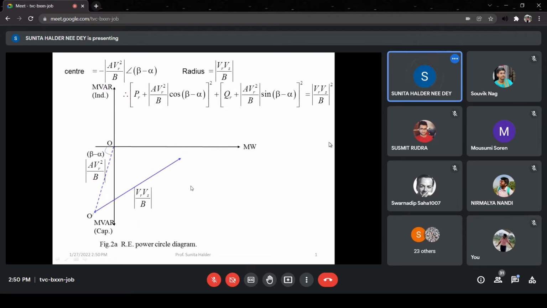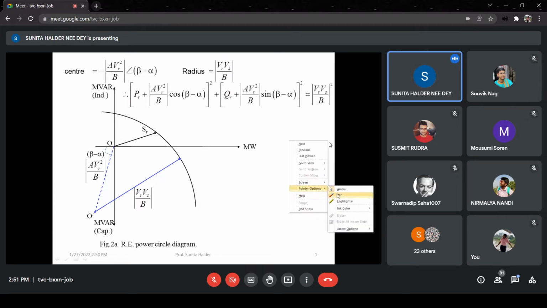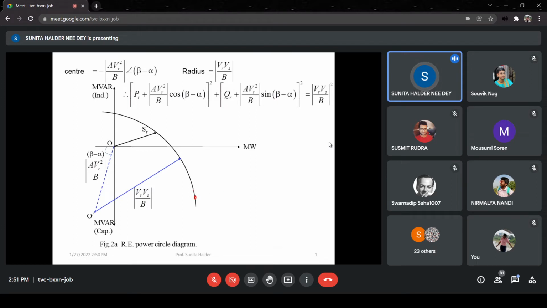Now, at any point, say the power is SR, then this is actually the tip of the power. If this power is on the receiving end power circle diagram, then only this power transfer will be possible, otherwise not, because this locus is giving the possible power supplied by this transmission line, right?